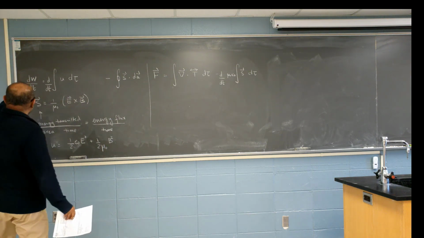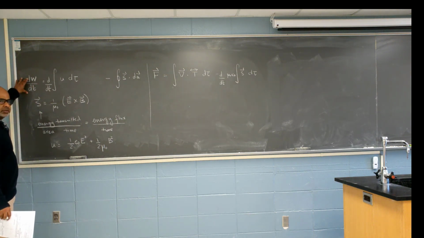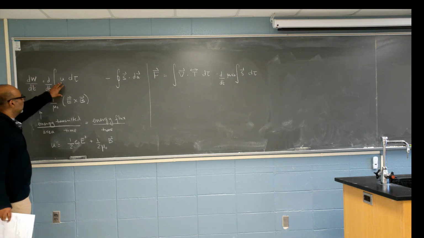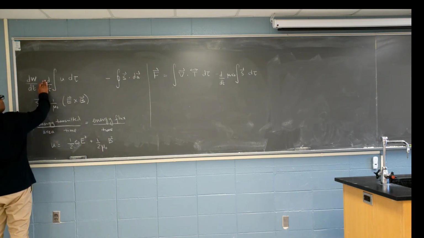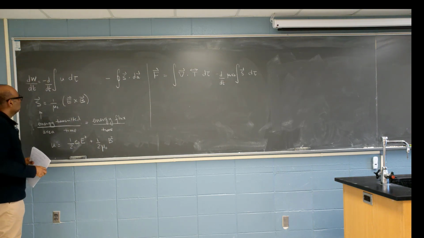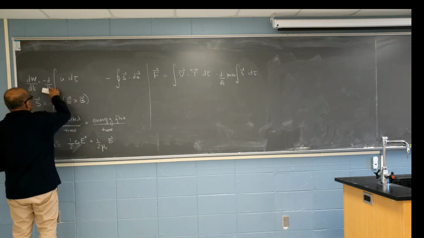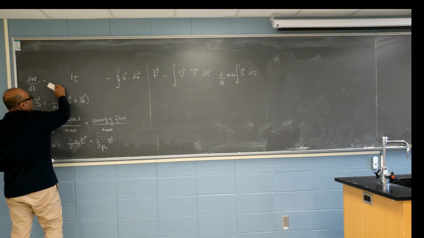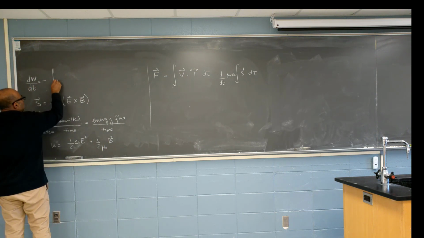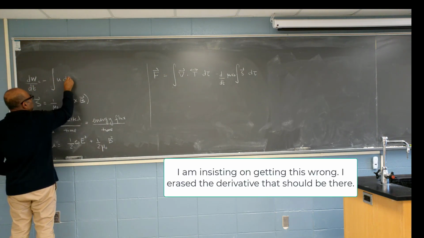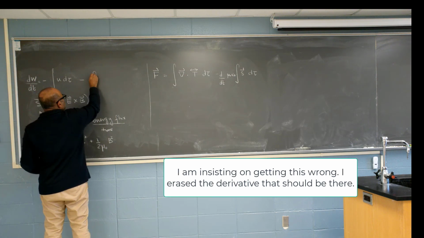So work done on charges is equal to rate of change of work on the fields. Oh, I have to be careful here. Minus. So let me write that carefully. I'm mixing terms. I shouldn't. d/dt minus.